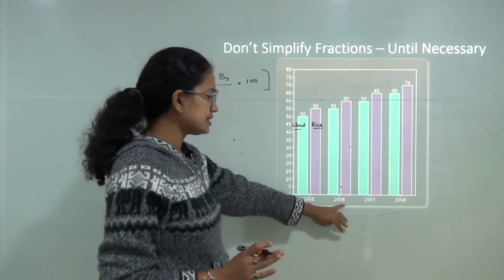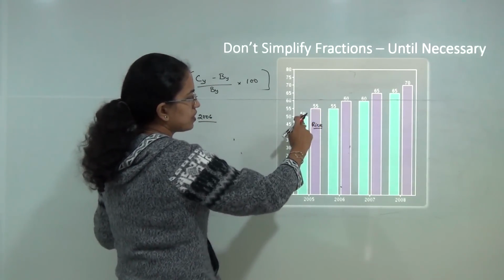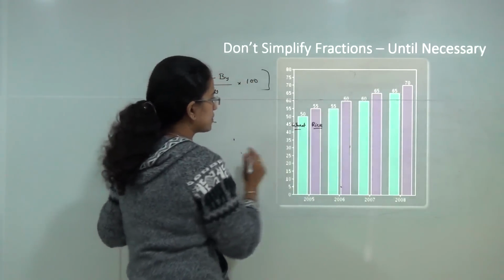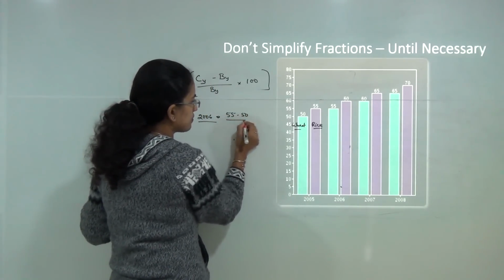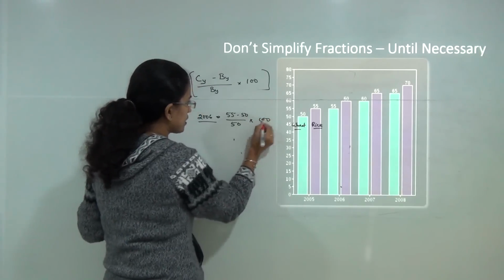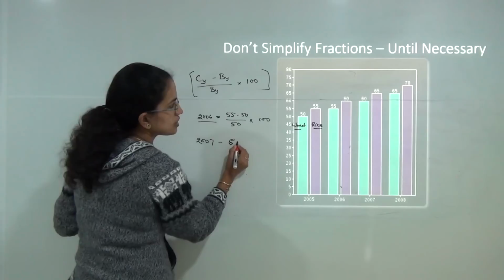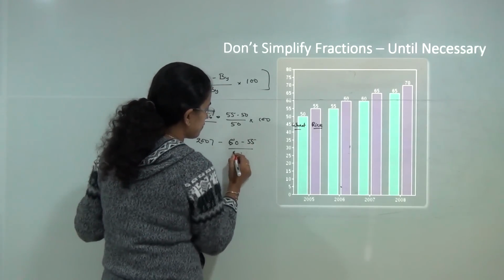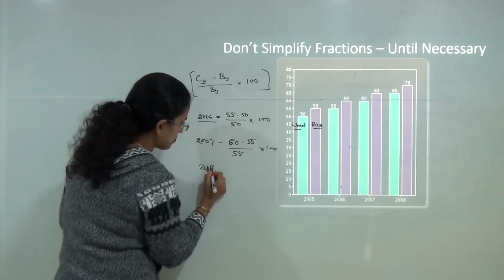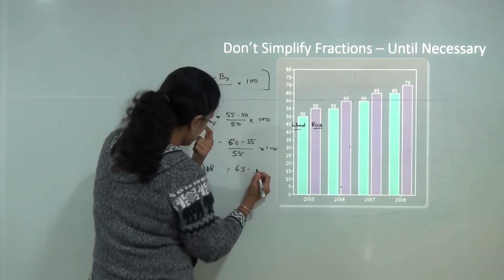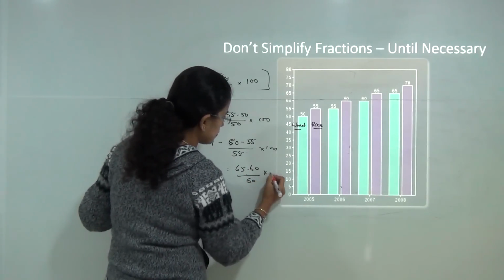Now if you remember this formula and you try to apply it universally, what would happen here? Let's calculate it for 2006. Wheat production is 50, 55, 60 and 65. So for 2006 it would be 55 minus 50 divided by 50 into 100. For 2007 it would become 60 minus 55 divided by 55 into 100, and for 2008 it would become 65 minus 60 divided by 60 into 100.